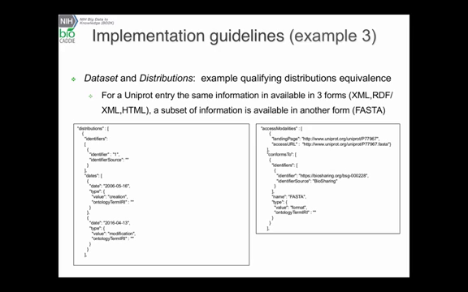As another example of implementation guidelines, we are considering making really clear the distinction between dataset and distribution. And for that, the UniProt example that is available in the GitHub repository shows exactly this, where there are several distributions, for example, in XML, RDF XML, and HTML, and there is another distribution like the FASTA file information, which is not the total description of the dataset, but it's partial information.